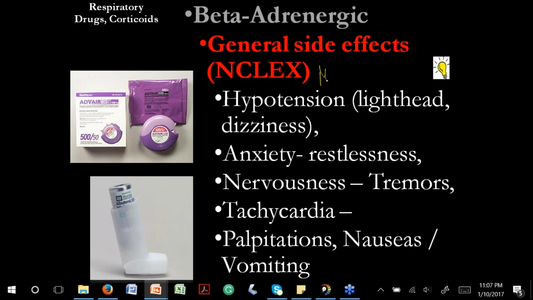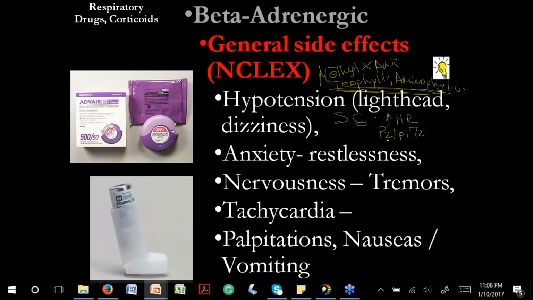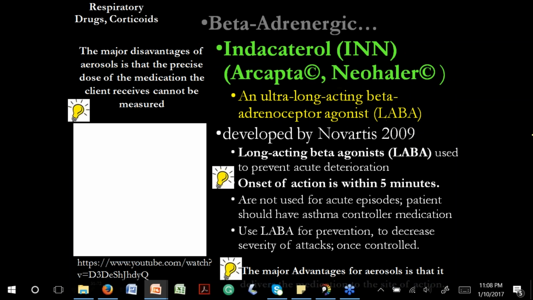Methylxanthines are the theophylline, the aminophylline, and these medications have one very common side effect. Side effect is going to be increased heart rate, means palpitations. The patient is going to refer to it as palpitations. Okay, so let's keep going here.